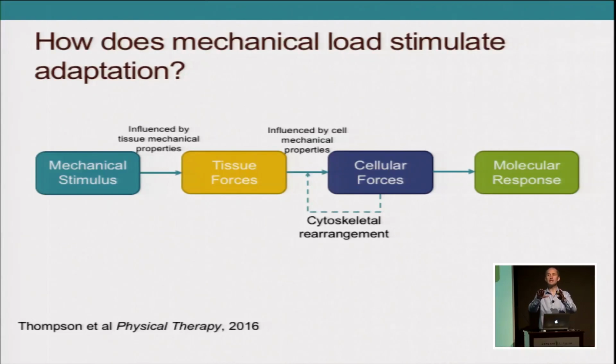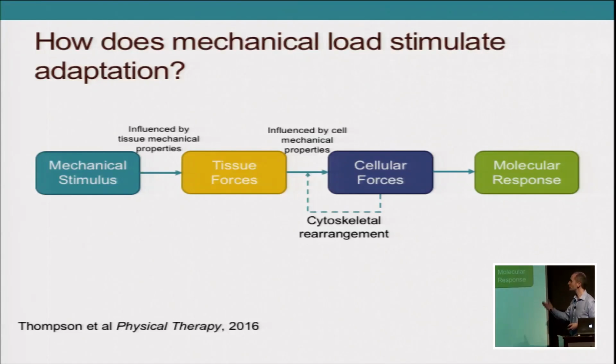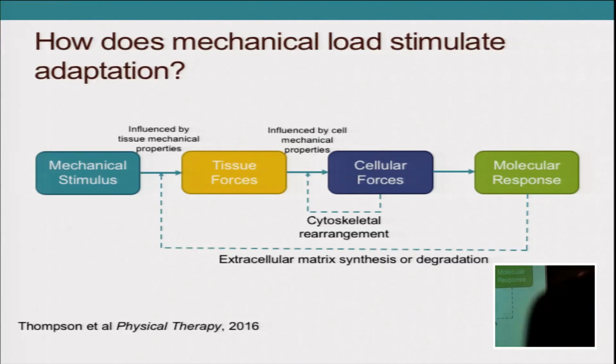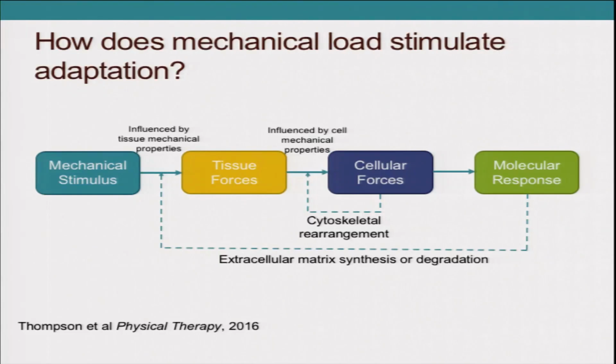And so we get an alteration in the cytoskeletal arrangement. If we think of something like tendon cells, we get changes in the tenocytes, in their alignment and arrangement, which has a knock-on effect and influences the tissue forces, and we get a recursive loop where the extracellular matrix is synthesized or degraded depending on whether the load is excessive or appropriate.